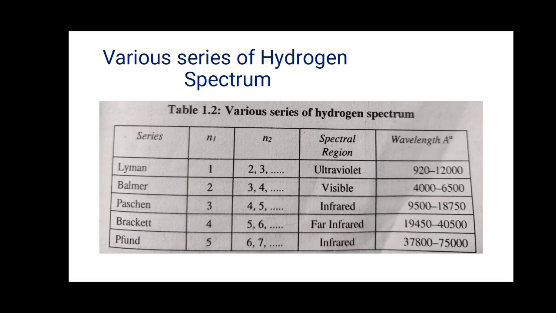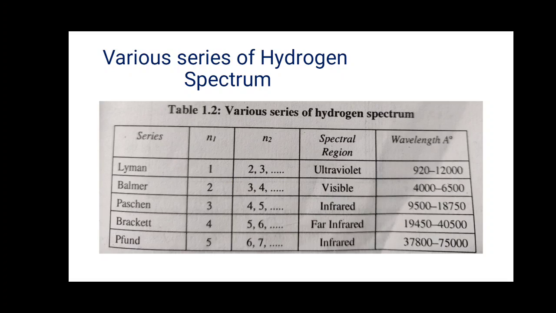Balmer series arises when the excited electron from a higher energy level, where n2 is the higher energy level, starting from n2 equal to 3, 4, 5, etc., returns to a lower energy level of the L shell, that is n1 equal to 2, and it is observed in the visible range.